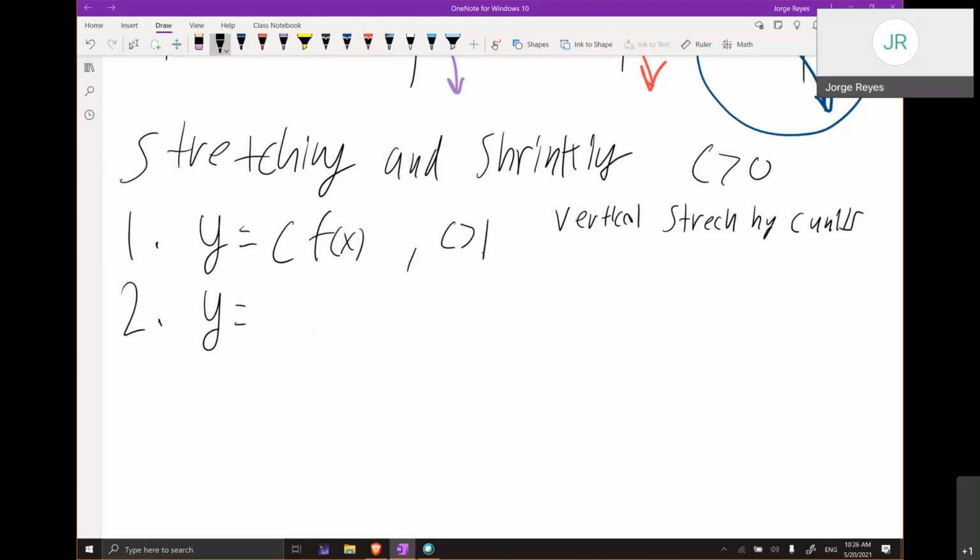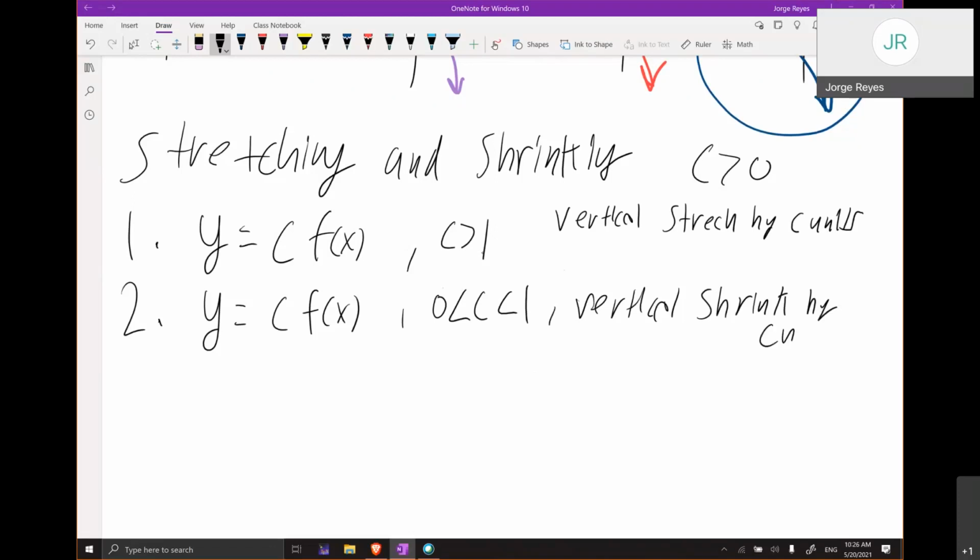And if the number is a fraction, less than 1 but bigger than 0, it's a vertical shrink by C units.